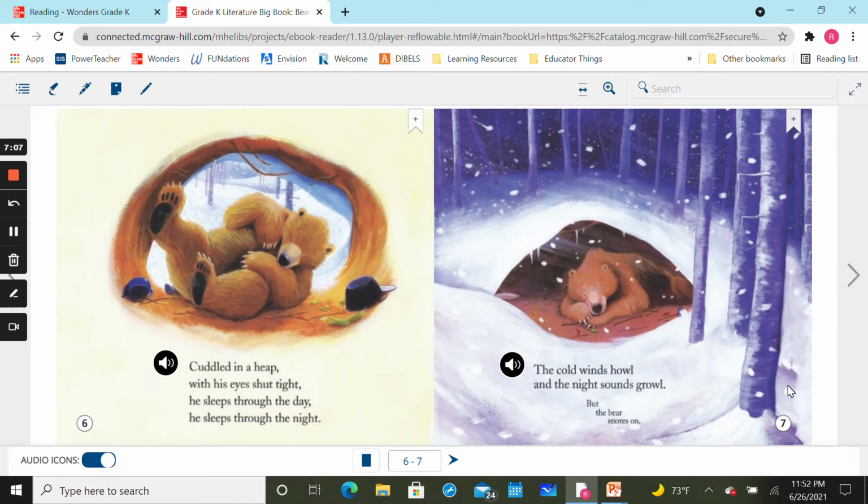So I predict that because Bear is snoring through the winds howling and the night sounds growling, Bear is not going to wake up easily from loud sounds. I predict that Bear will actually be very hard to wake up. Let's see.